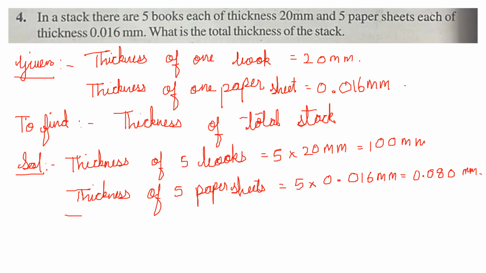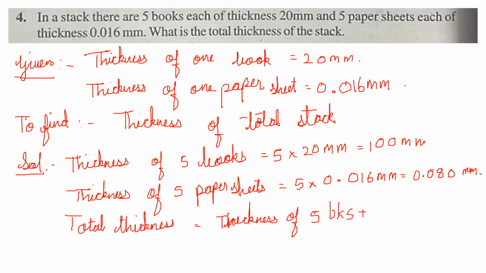So they have asked us for the total thickness. Total thickness means what you should do. It is nothing but thickness of 5 books plus thickness of 5 paper sheets.